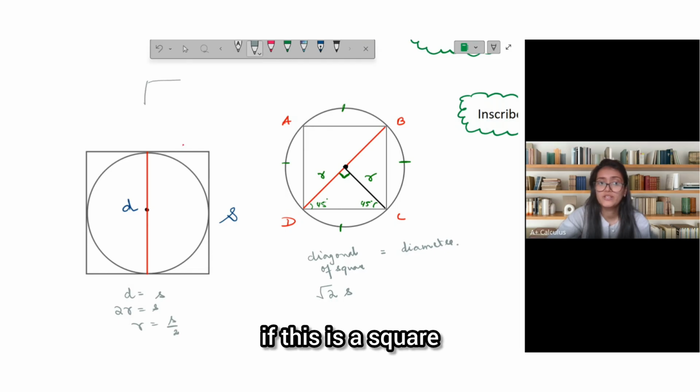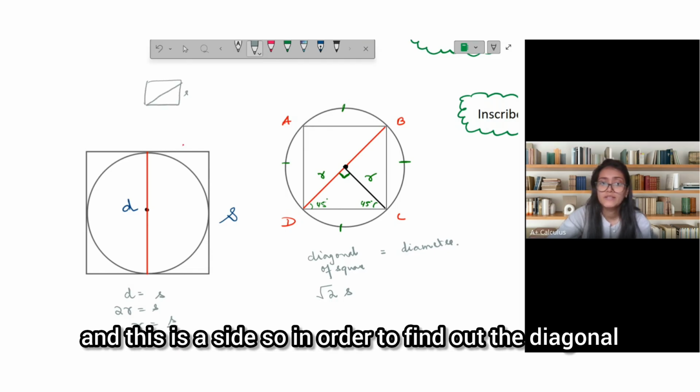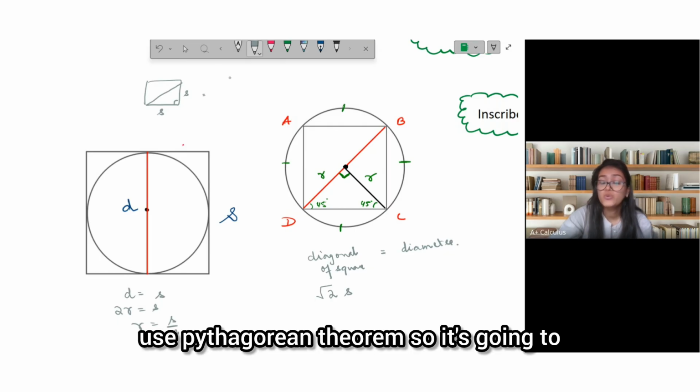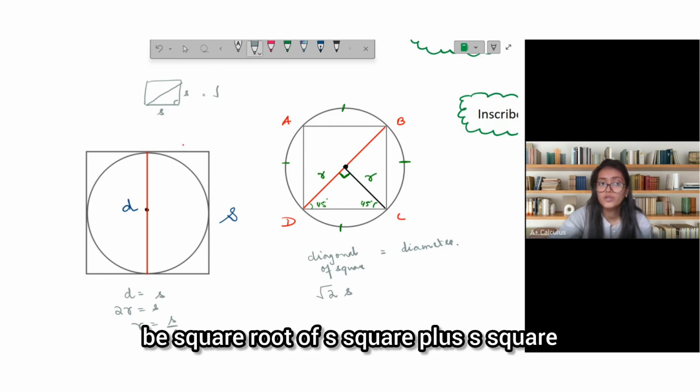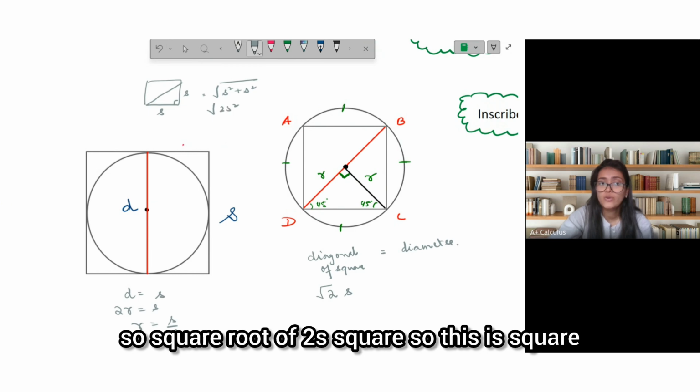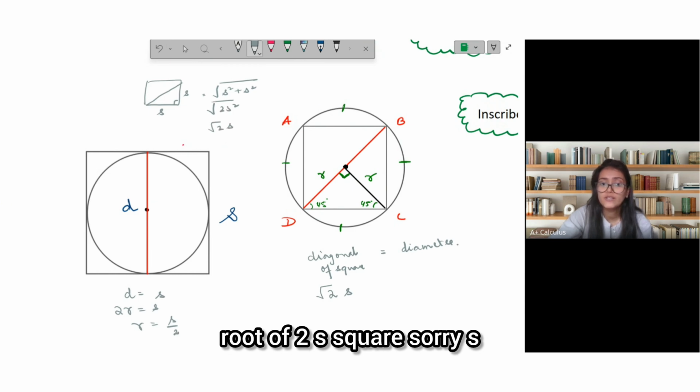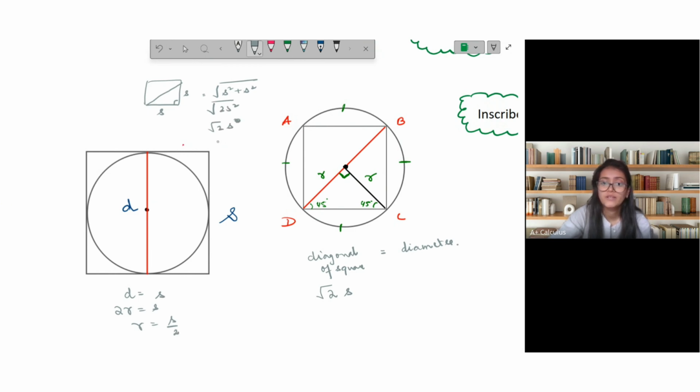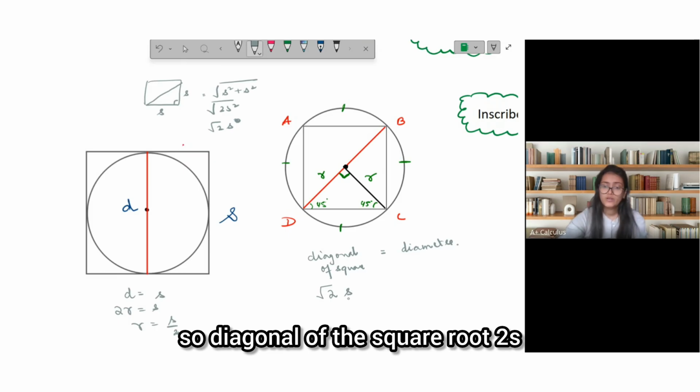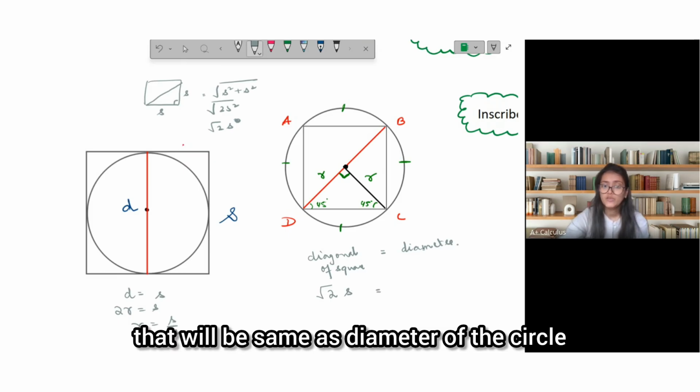If this is a square and this is a side s, the diagonal is the square root of s squared plus s squared, so the square root of 2s squared. So the diagonal of the square, root 2 s, will be the same as the diameter of the circle.